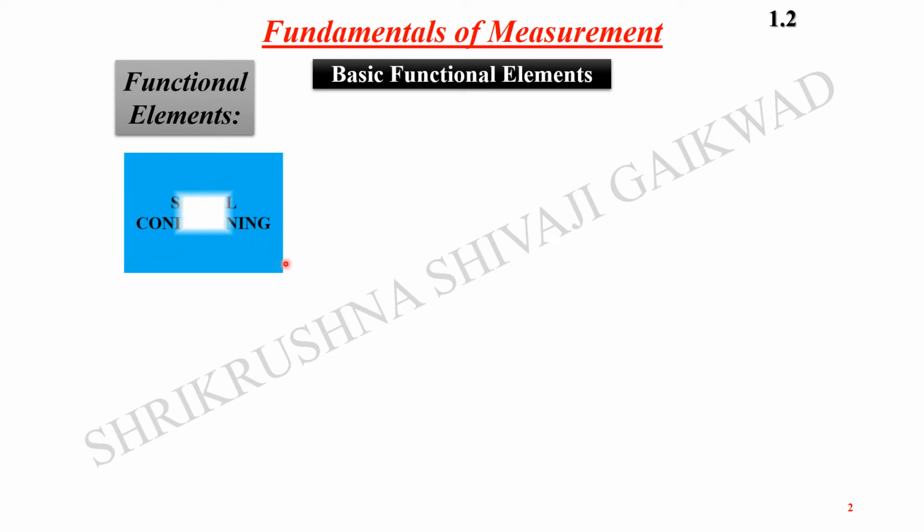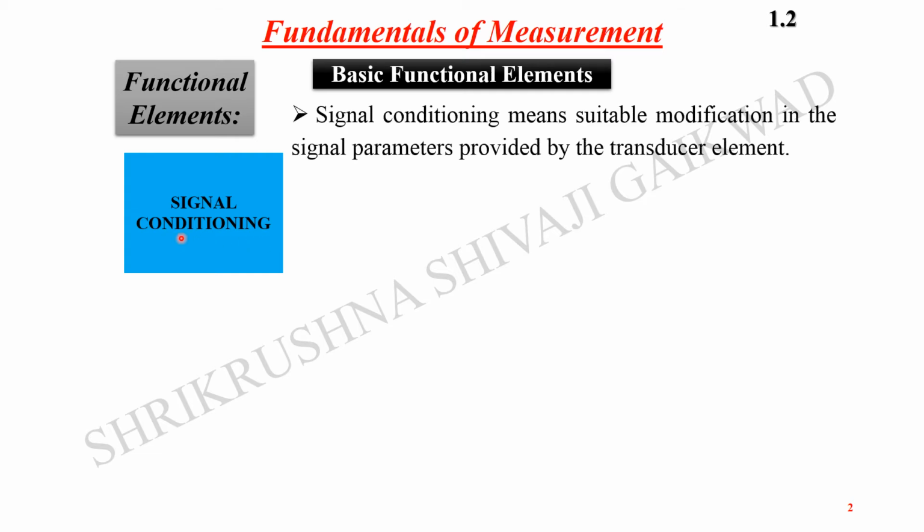Now let's talk about the second element in our functional diagram, that is nothing but the signal conditioning, and we have seen what is meant by signal conditioning. It includes the suitable modification in the signal parameters provided by the transducer element.